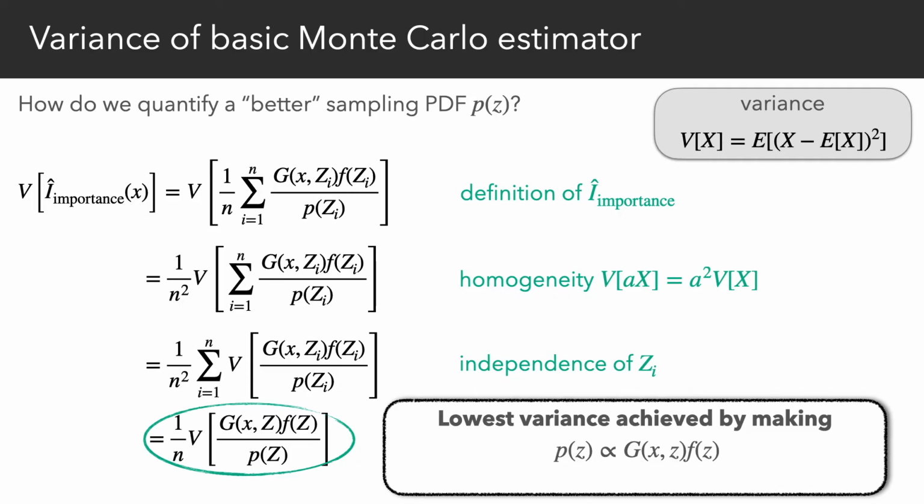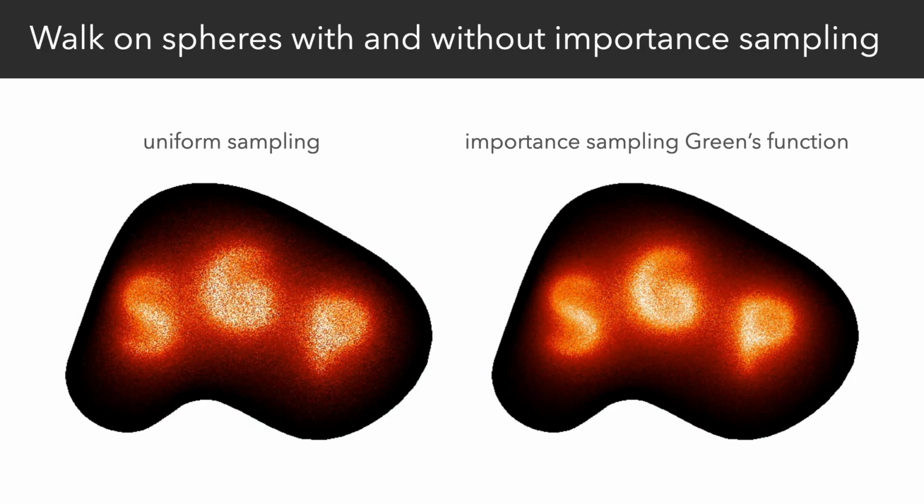But let's see if our Green's function sampling actually improves our Poisson equation estimates in practice. Going back to our test scene, we can see that importance sampling the Green's function on the right does in fact reduce variance compared to uniform sampling on the left. Even though both estimators converge to the same value eventually, the importance sampling estimator converges faster.